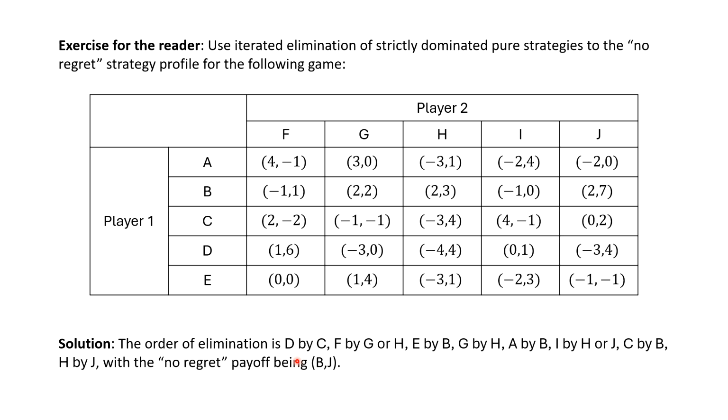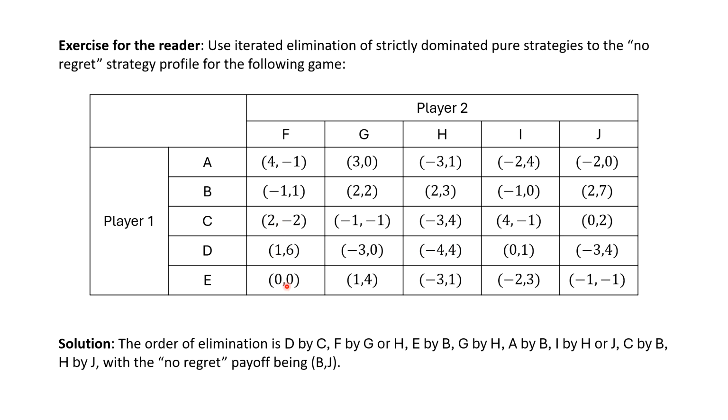So let me point to that. We'll just go through one of them. So 2 is greater than 1, minus 1 is greater than minus 3, minus 3 is greater than minus 4, 4 is greater than 0, and 0 is greater than minus 3. So D is eliminated.